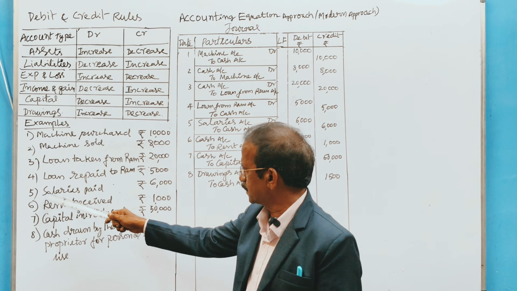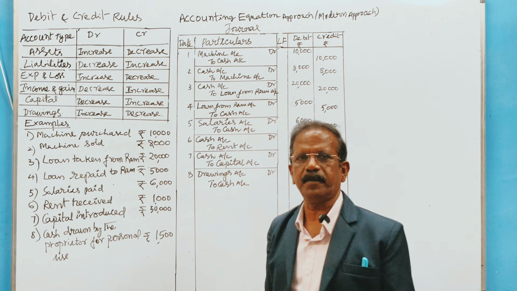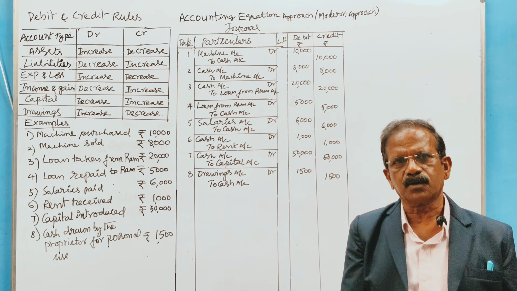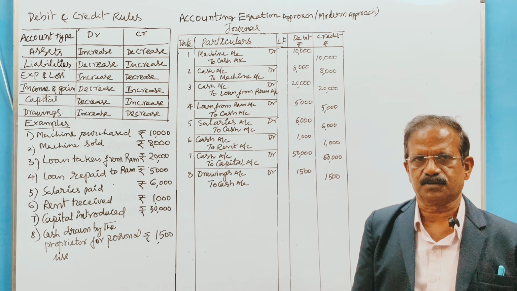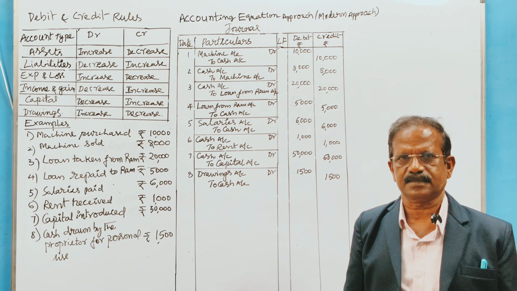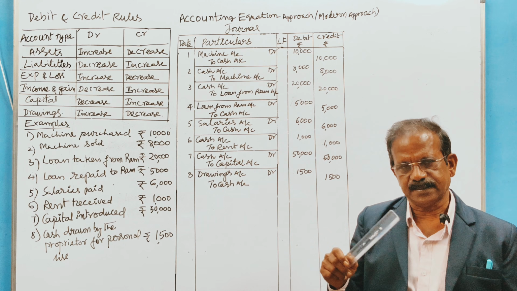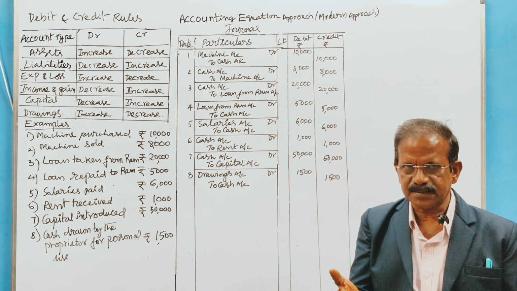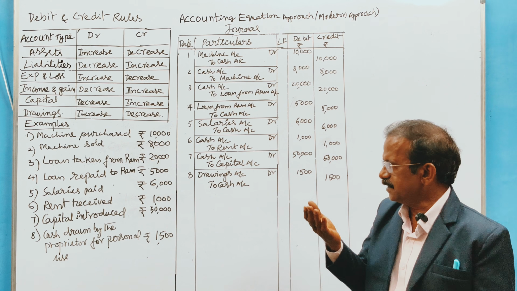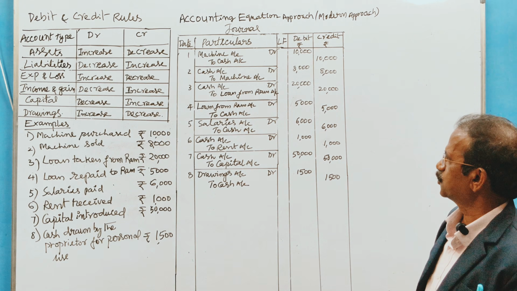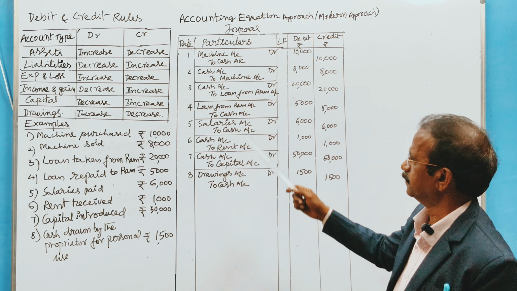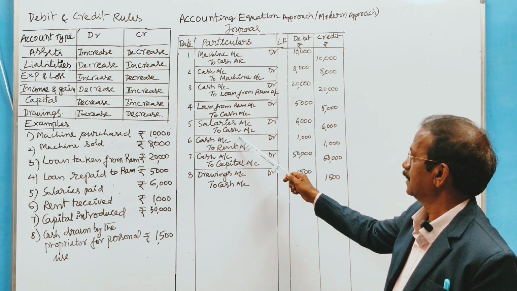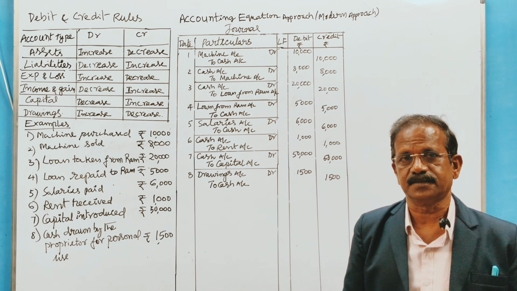Coming to fifth example, salary is paid. When salary is paid, what is going out? Cash is going out. Cash is an asset. Since it is an asset and it is going out, cash balance is decreasing. Since it is decreasing, it should be credited. Now, that cash is in the form of an expense.